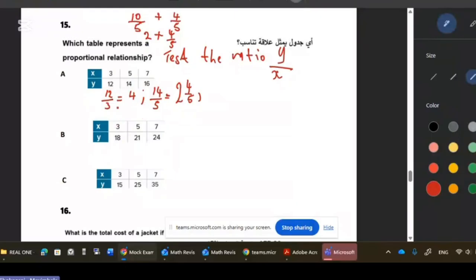That's not the same, so A is not going to work. Let's try B. 18 over 3. What is the answer? How many 3 do you find in 18? 6. Let's try the next one.